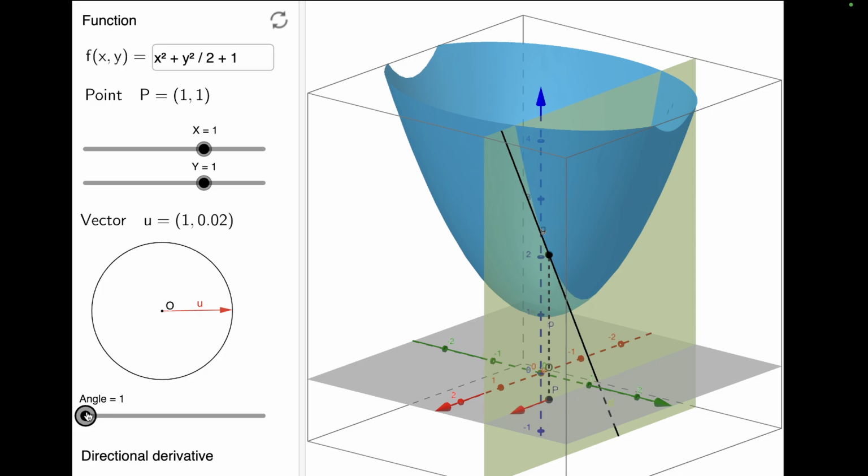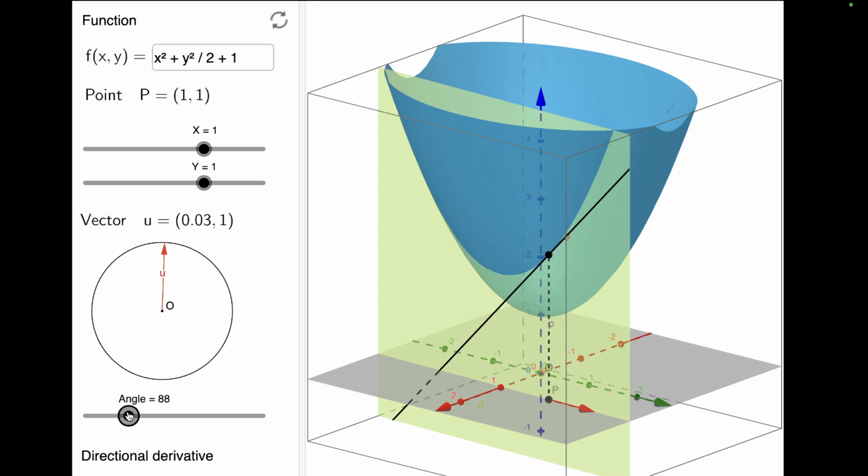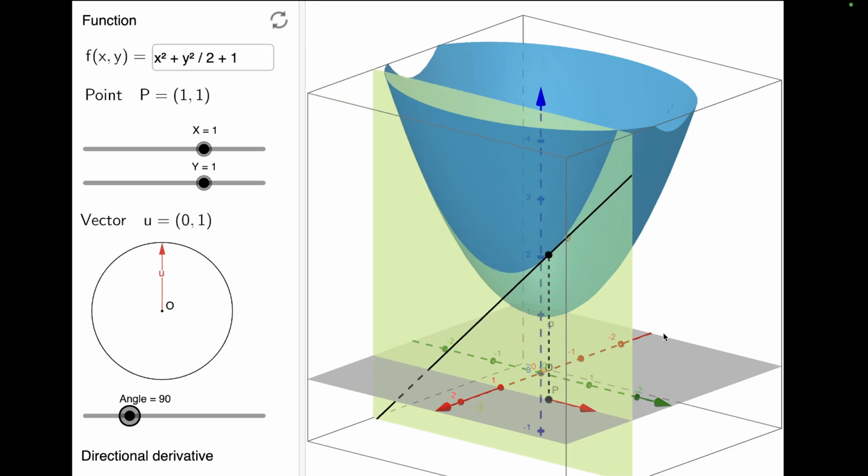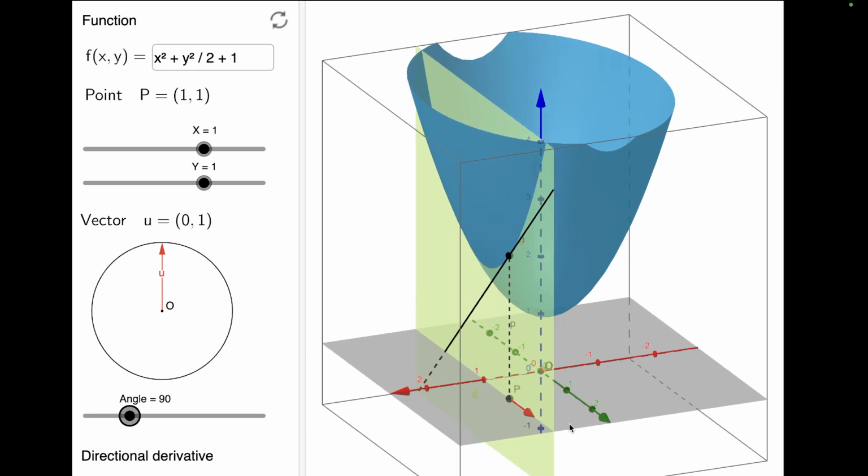If the angle is 90 degrees, then you get this plane, which is parallel to the y-axis. Here x is constant. So this tangent on this curve at this point, whose projection P on the xy plane has coordinates 1, 1, represents del phi del y.